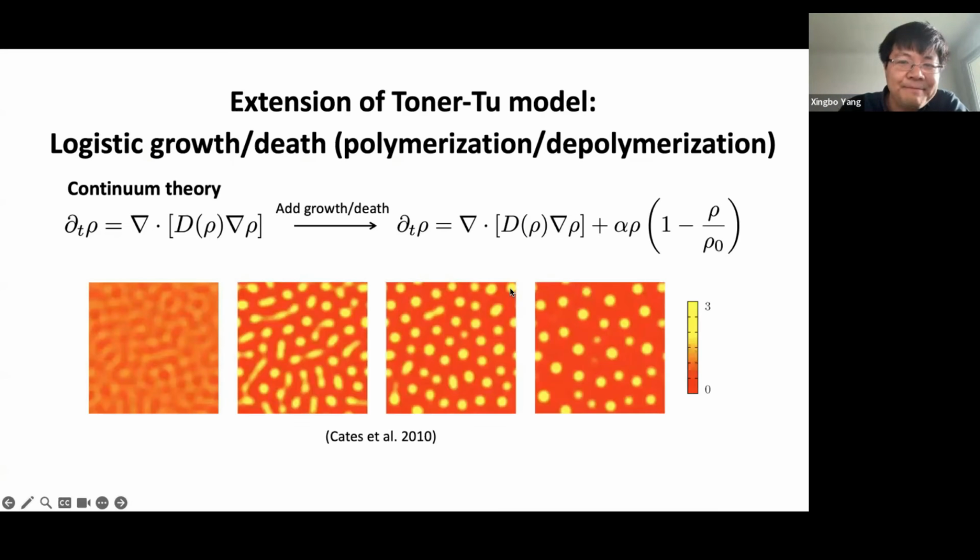If you do that, you can show that in addition to this phase separation, which gives you a giant dense phase and dilute phase, now you can actually have these patchy patterns, where this logistic term, together with this effective diffusivity, is setting a characteristic length scale in your system.